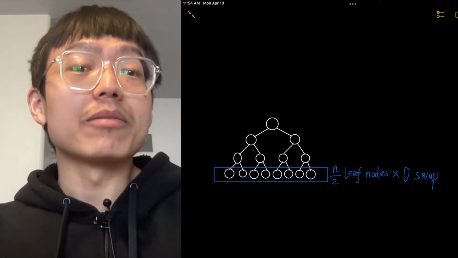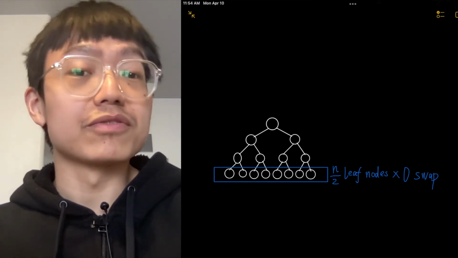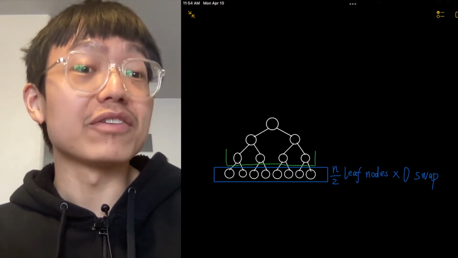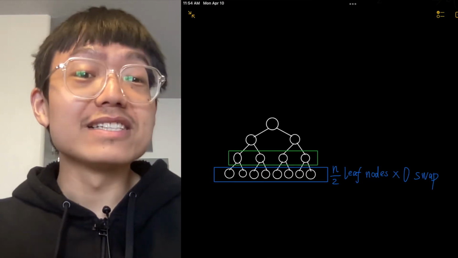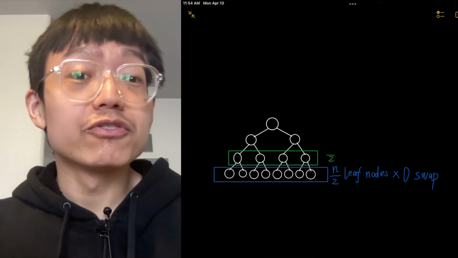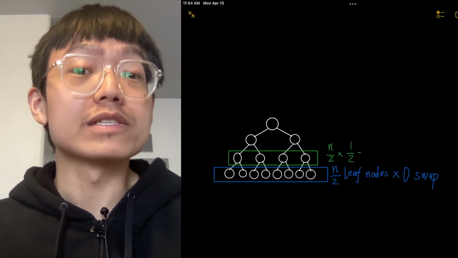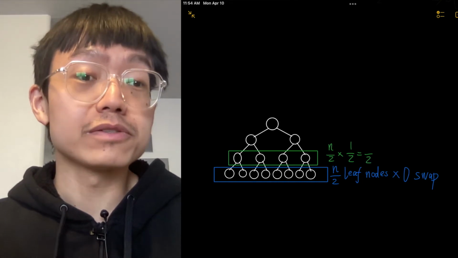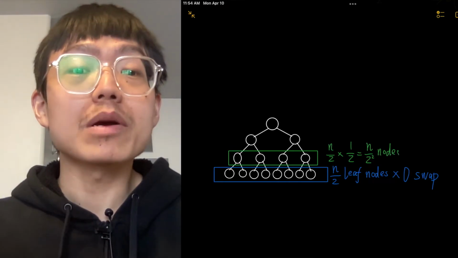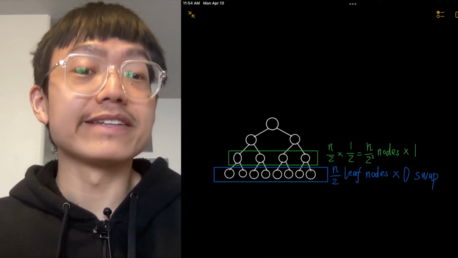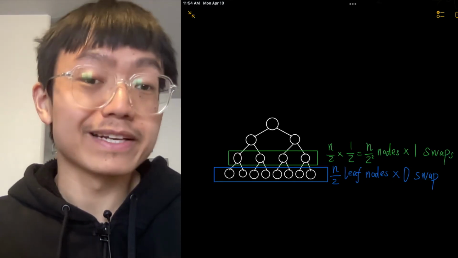Then, for the level above the leaf layer, on this layer of height 1, the maximum number of nodes in this layer is half of the n over 2 nodes left. Is that right? Now, it's n divided by 2 squared. For the number of swaps it can make, each node can only swap with its smallest child once, so the number of exchanges is 1, and the time complexity of this layer is the number of its nodes multiplied by the maximum number of swaps it can make.